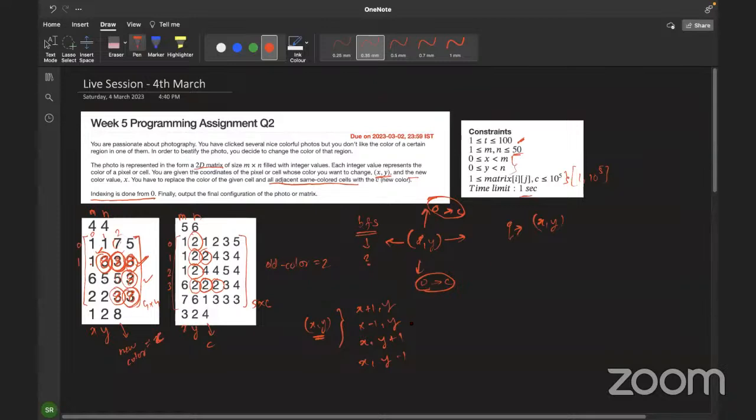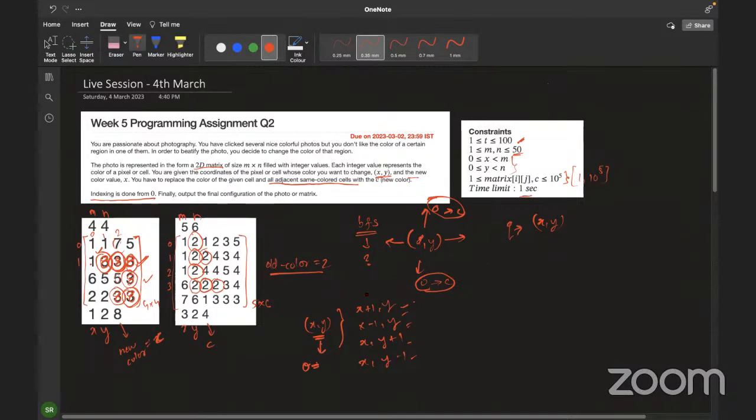So now we'll look at these cells and check if the color of this cell, denoted by maybe O as a variable, matches. We'll look at the color of these cells, and if the color of these cells is equal to the old color, then this means we need to change the color of this cell to the new color C, right?